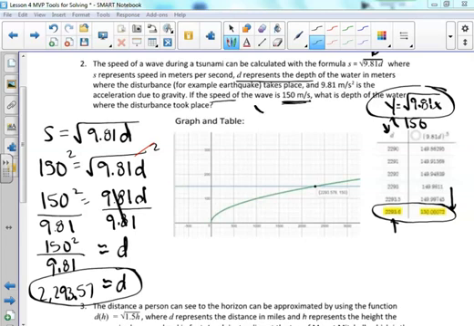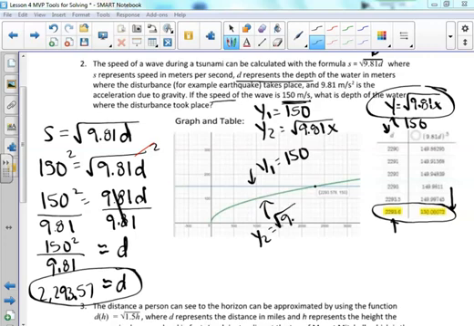In my graphing calculator, I typed in y1 to be 150 and y2 to equal the square root of 9.81x, and I got two graphs. The blue here is the y1, which is y equals 150, and my radical function here is y2, which was the square root of 9.81x.